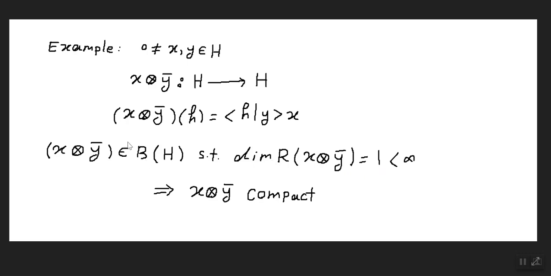I'm going to leave it to you to show that this is linear. Linearity is easy, so you should be able to figure it out. Now I'm going to show you that this operator is bounded and the dimension of the range of this operator is 1, so it is compact. But the linearity, I leave it to you.